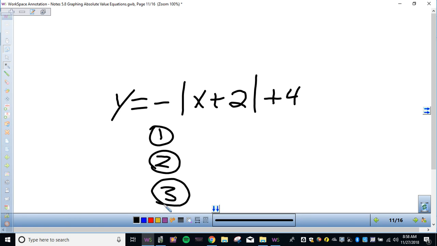So that's reflect x. This is left or right? Left, and this is up 4. Okay. Good job, Benjamin. Yes. Reflect x-axis, and then you're good.